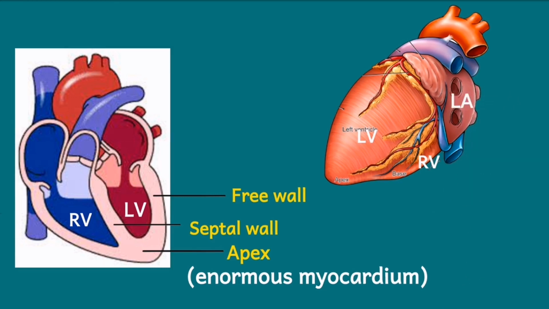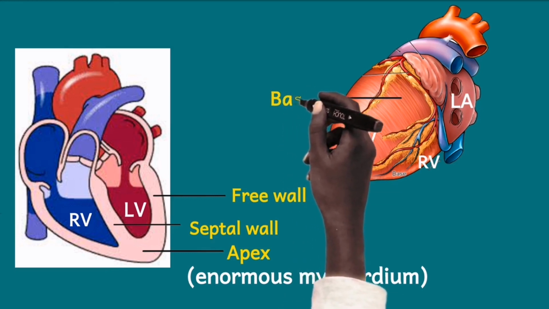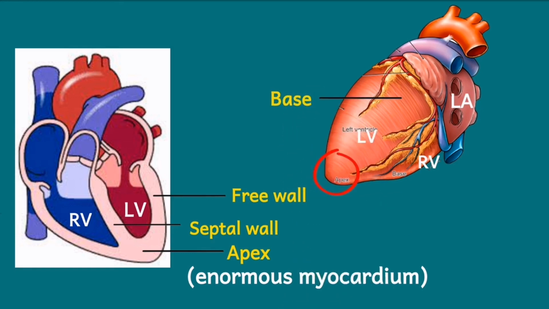The right atrium is not shown here because it is a much anterior chamber. Do you see the conical shape of the left ventricle? This is the apex of the left ventricle, and opposite the apex is the base. Again, I want to stress the fact that depolarization of the left ventricle is a complex because each of the parts of the left ventricle depolarizes.